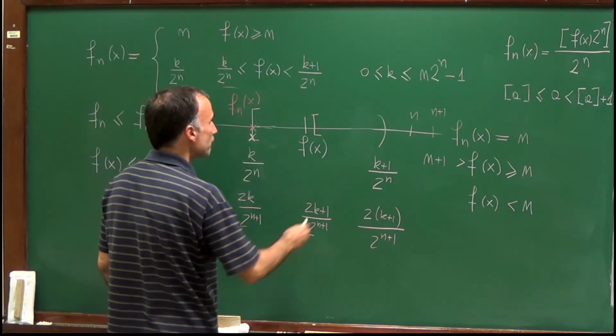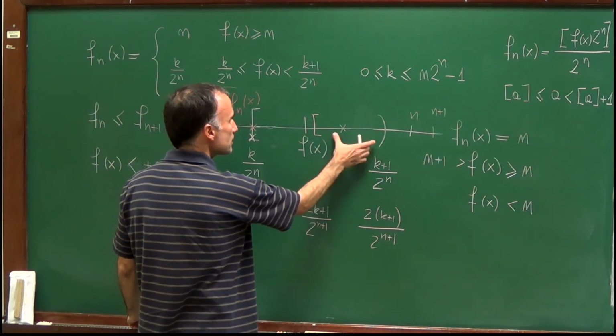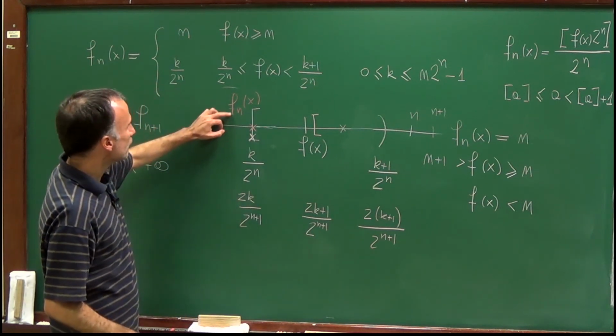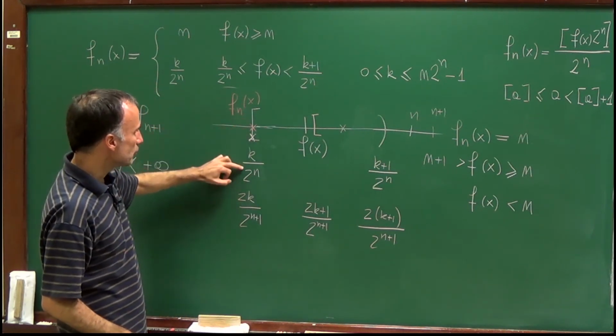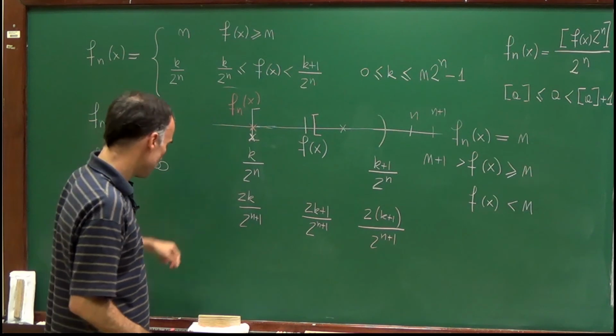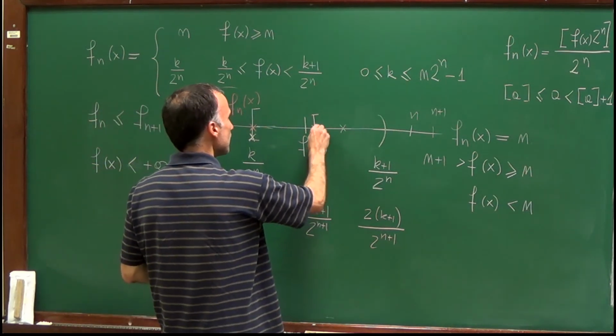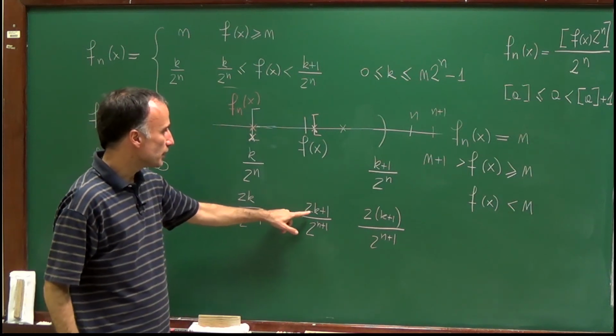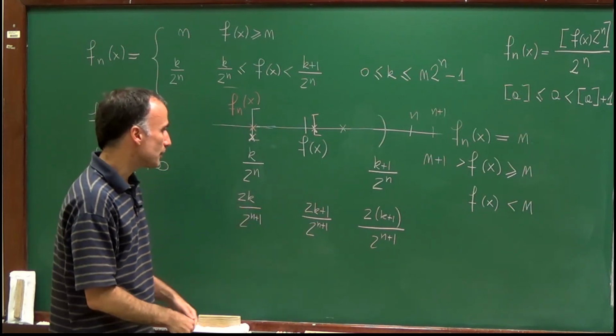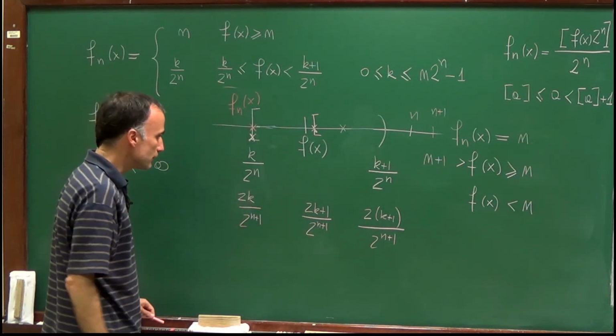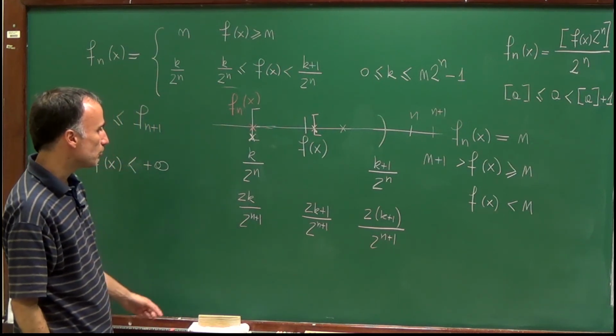While if f of x takes value in this second interval, while fn of x is still equal to k divided by 2 to the power n, now fn plus 1 takes value equal to 2k plus 1 divided by 2 to the power n plus 1, which is greater than 2k divided by 2 to the power n plus 1.